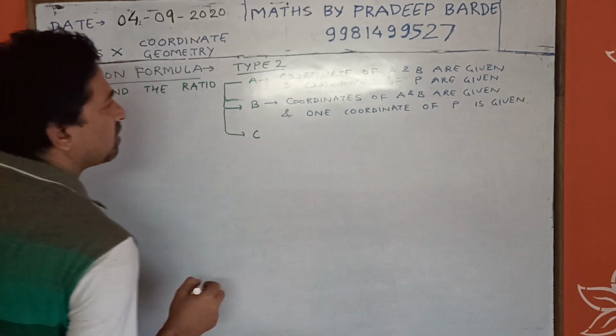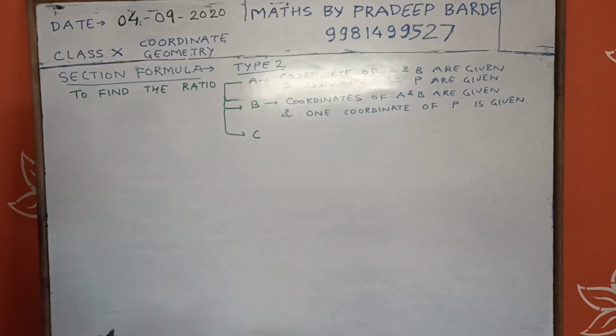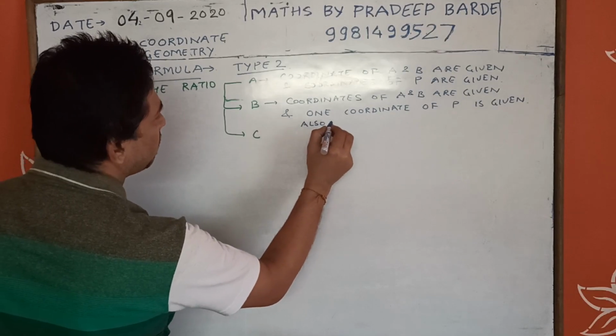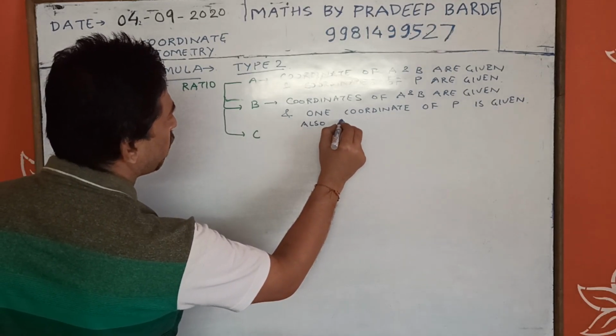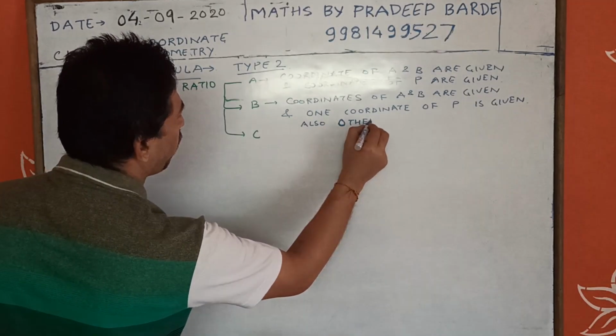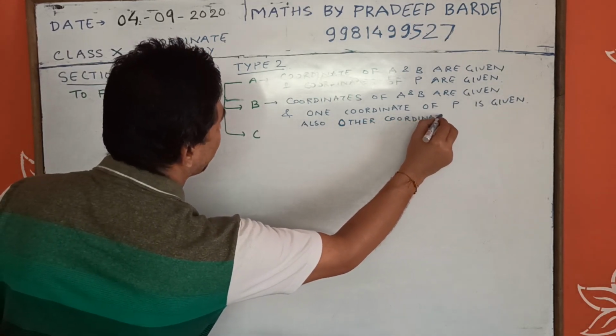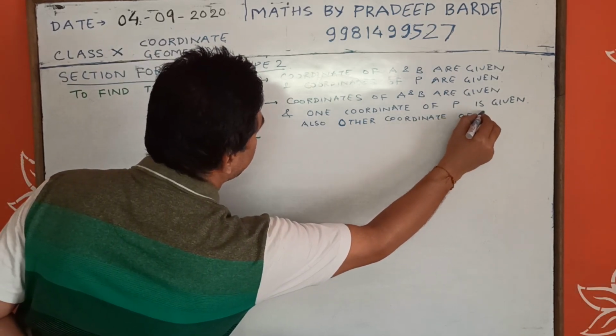That is either X coordinate is given or Y coordinate is given. You also have to find the other coordinate of P.